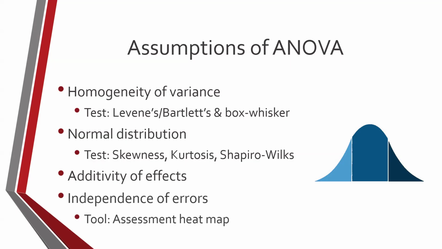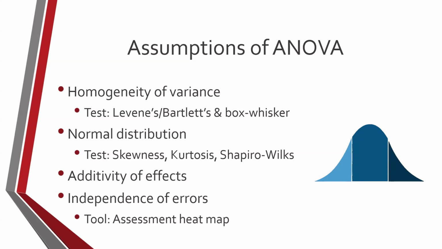Finally, the last assumption is independence of errors, which is that one assessment does not directly impact the next or the previous value. Very, very independent. Again, this one's kind of hard to test for. Usually it's not a huge concern in the ANOVA. The biggest thing is just not to introduce bias in the assessment as you're recording it.